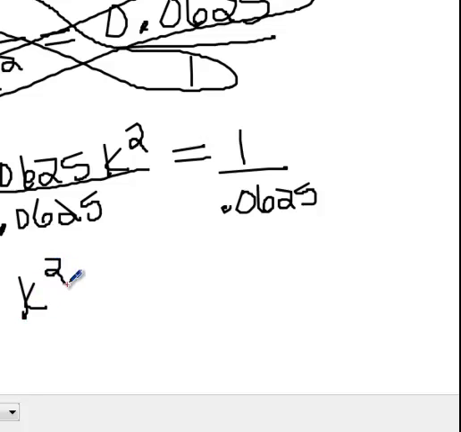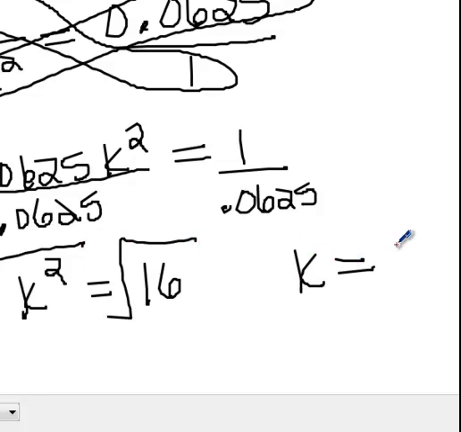When I divide out the right side, I get 16. To get k by itself, I need to take the square root of both sides. So k is equal to 4. So we know that with 93.75%, we're going out 4 standard deviations.